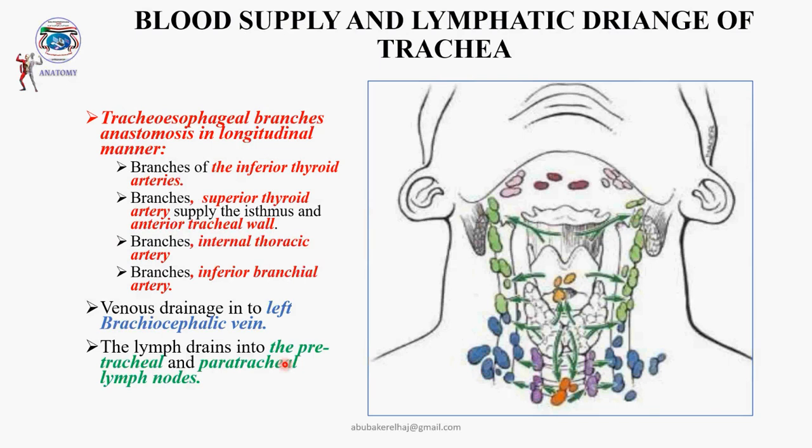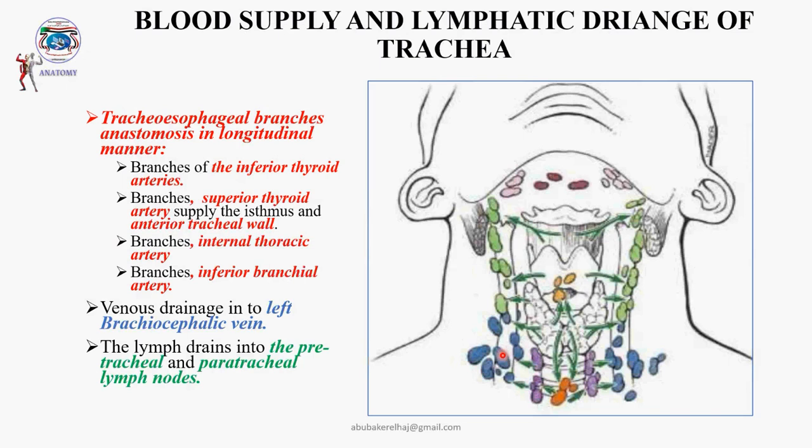Then the blood supply and lymphatic drainage of the trachea. As you see here, the tracheoesophageal branches have specific anastomosis in a free manner downwards. That means they make a network of arterial supply along the wall of the trachea.